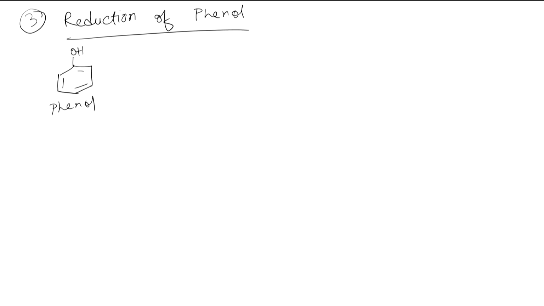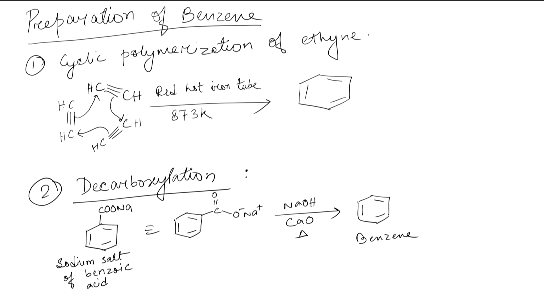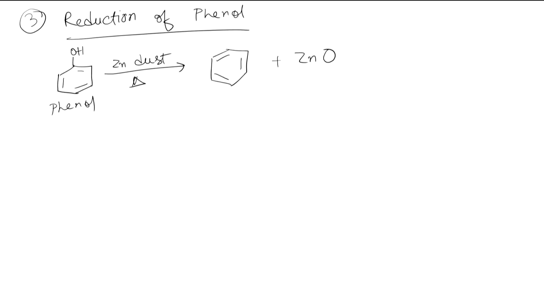So when phenol is reduced by passing it over heated zinc dust, okay, when vapors of phenol over heated zinc dust, we form benzene. Okay, and along with it we will have zinc oxide. Okay, so in the previous reaction also, along with benzene, we will get sodium carbonate. So these were the preparations of aromatic hydrocarbons.